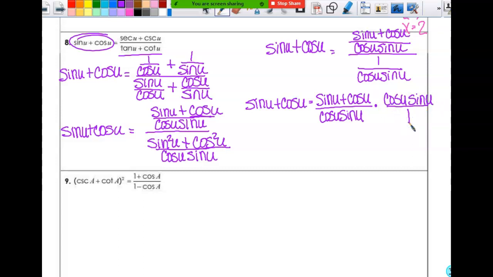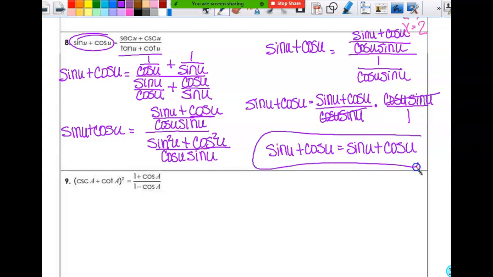And then all this horrendous looking stuff cleans up really nicely because these are going to cancel out, and that's where I get sine u plus cosine u equals sine u plus cosine u. And I'm done.